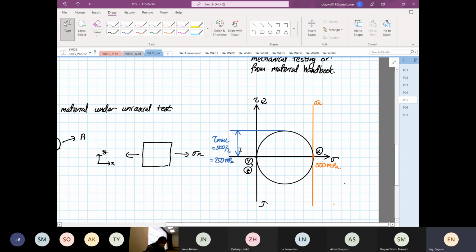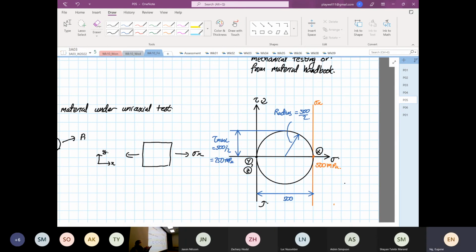Because the distance from here to here is 500. To find the radius, this is our radius, which is equal to 500 divided by 2.